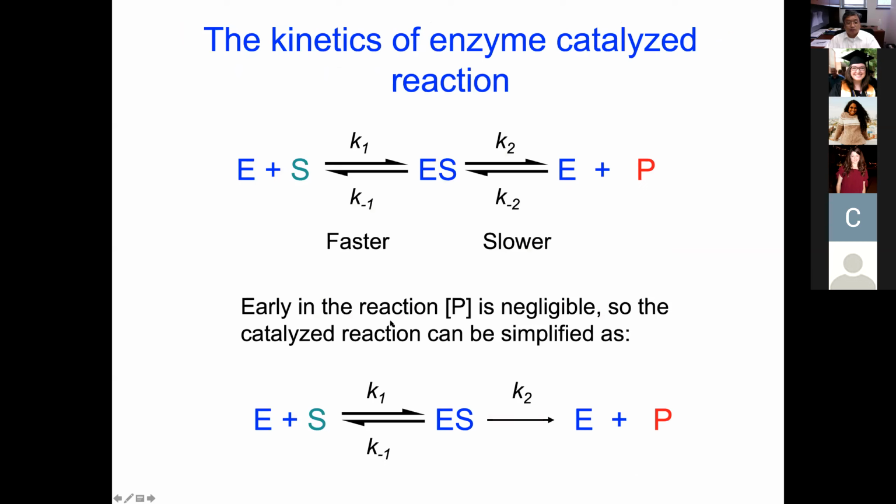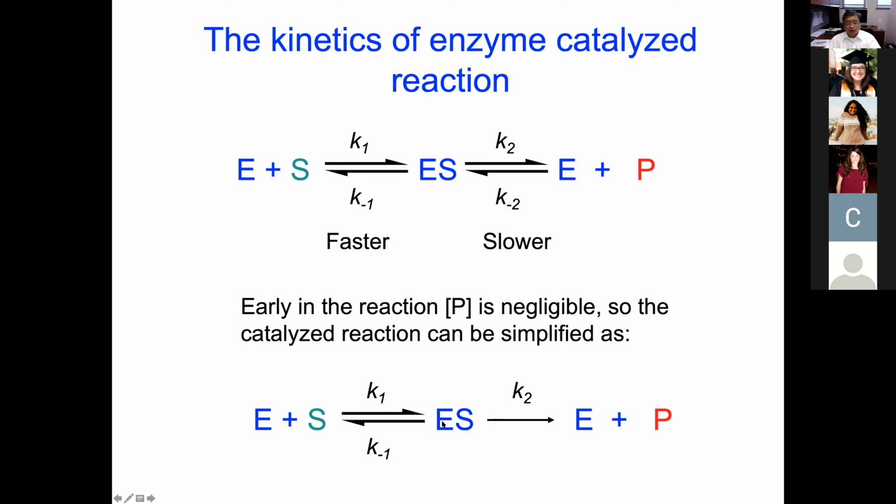In the very early stage of the reaction, the product concentration is very, very low, so we have very little product, and the concentration of this product is negligible. So the enzyme catalytic reaction can be simplified. We just assume this process is very slow because there's very little product formed at this stage, and then we can simplify this equation.